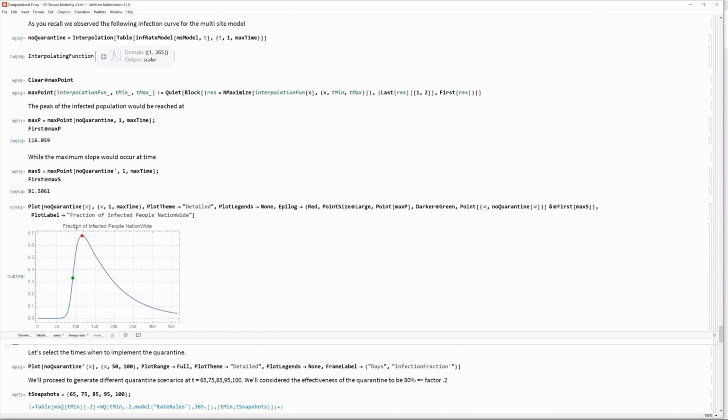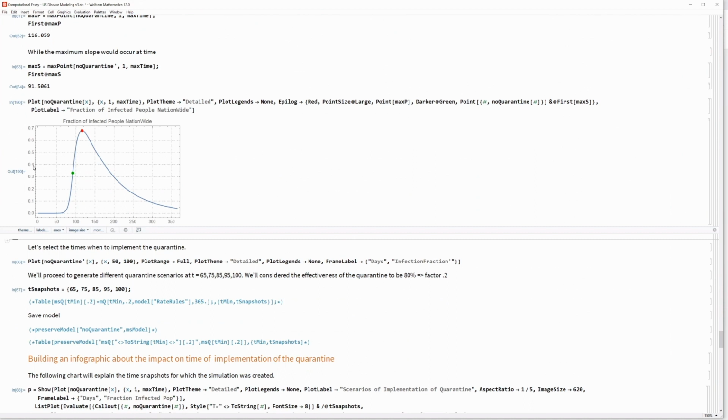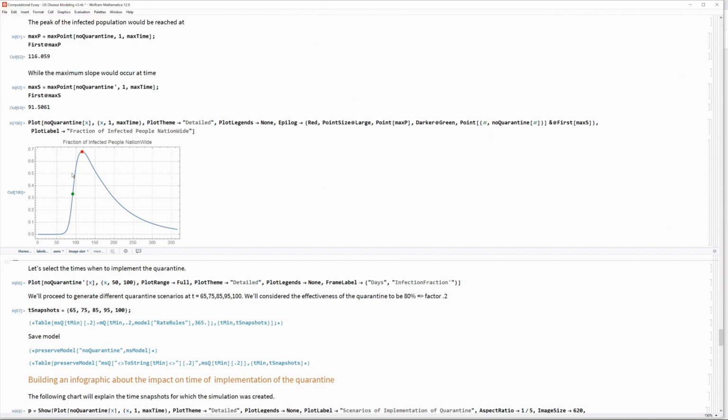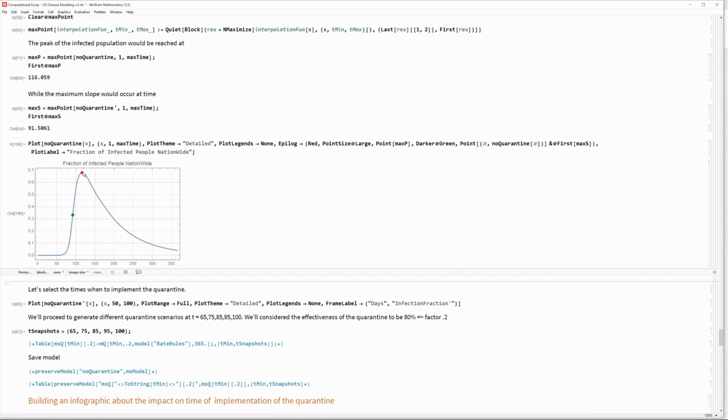I'm going to have to go fast. I've got 4 minutes left, unless we can extend a little bit. So what we did is look at this wave of infections for the United States. This is the spot at time 92 days in which you get the full brunt, the full speed of infection. This is the wave front. This is the maximum, which happens at day 116.